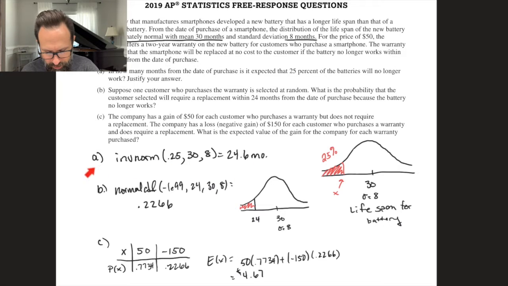In order to get credit for this question, you had to do a couple things. Number one, I had to get the impression that you knew that it was normal, that you had the mean of 30 and a standard deviation of 8. Number two, you had to show you understood what the 25th percentile meant visually, or write down the interval and how it was mapped out.